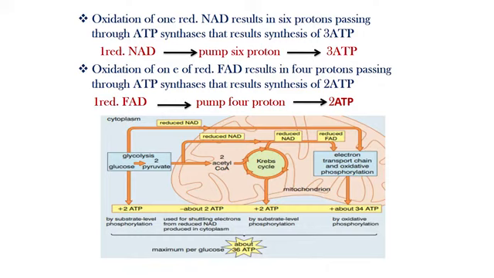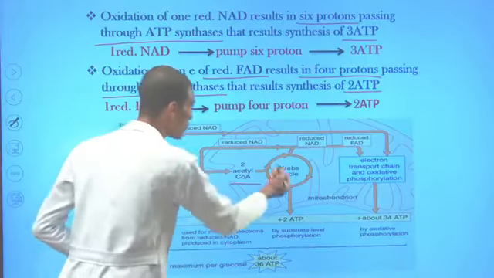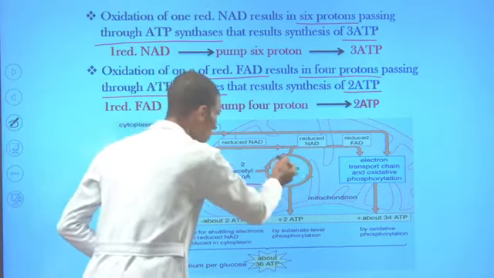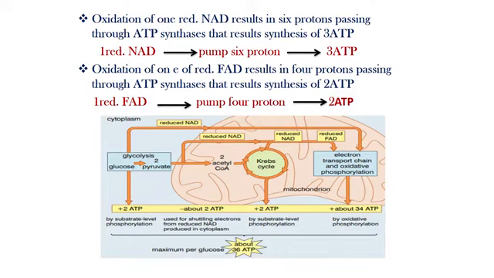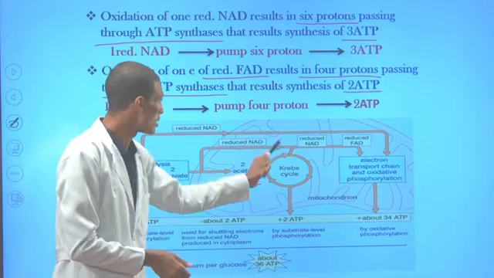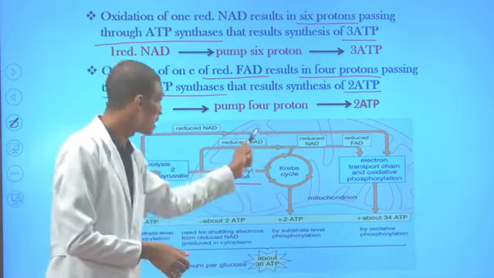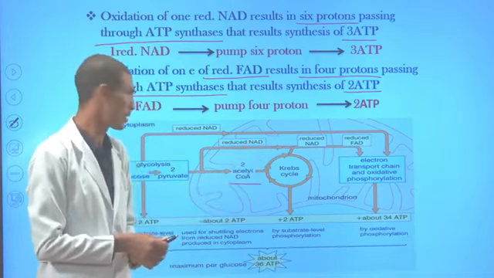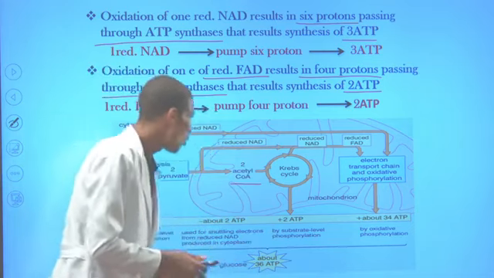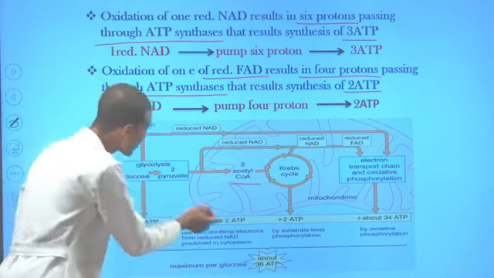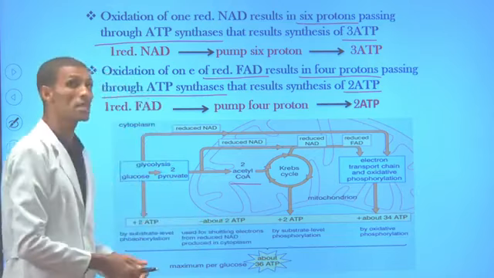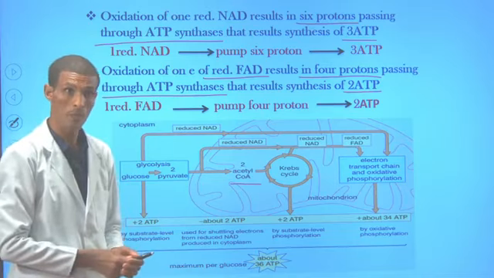Then acetyl-CoA enters the Krebs cycle, where all carbon is completely released in the form of carbon dioxide, and the hydrogen is taken up in the form of coenzymes. After regeneration here, there are 6 reduced NAD produced, 2 reduced FAD produced, and 2 ATP molecules produced. ATP production here is still by substrate level phosphorylation, where 2 of the ATP from glycolysis are important in the shuttling process, proton shuttling.